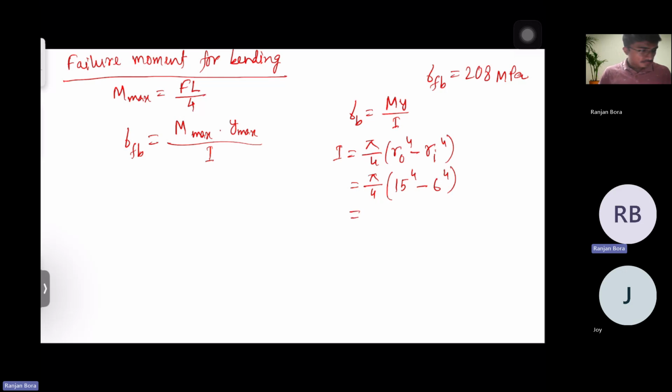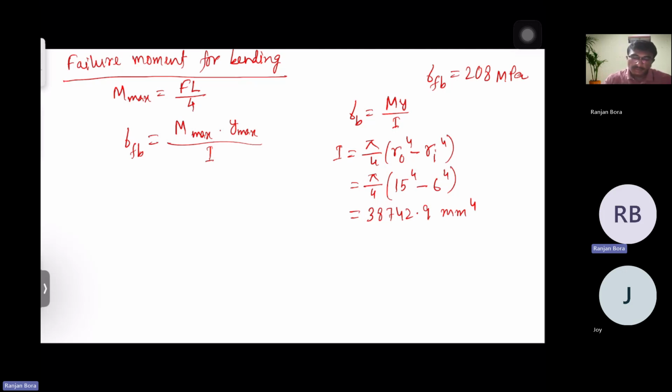So it will be 38742.9 mm to the power 4.